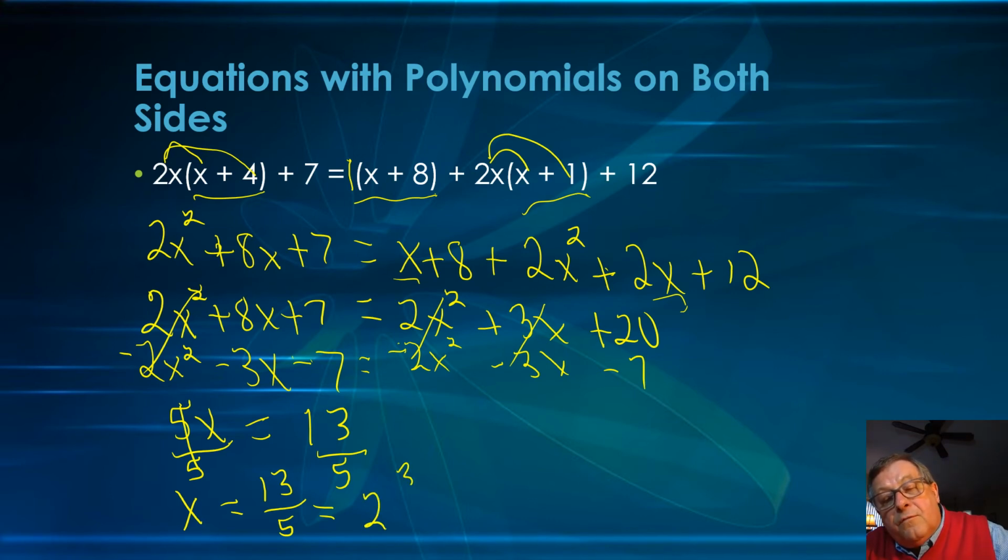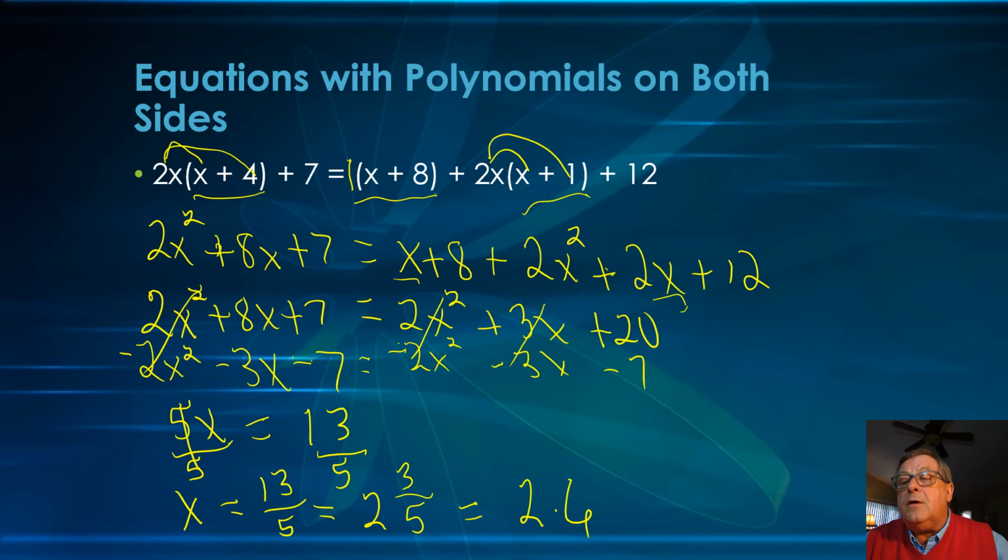I could say this is 2 3/5. Or if I converted that to a decimal, 3/5 is 0.6. So we could say it's 2.6. So x is equal to 13 over 5, which is also equal to 2 3/5, which, if I put it in decimal form, is 2.6.